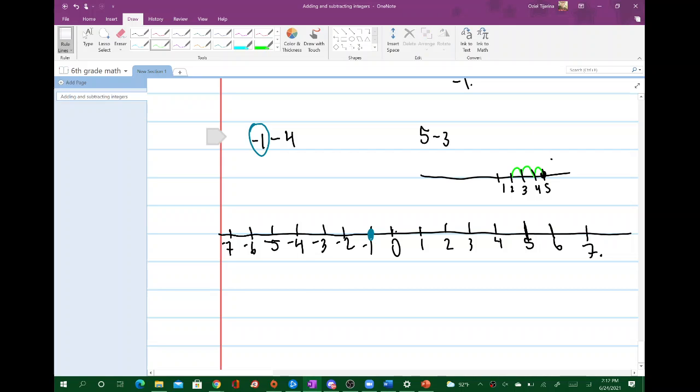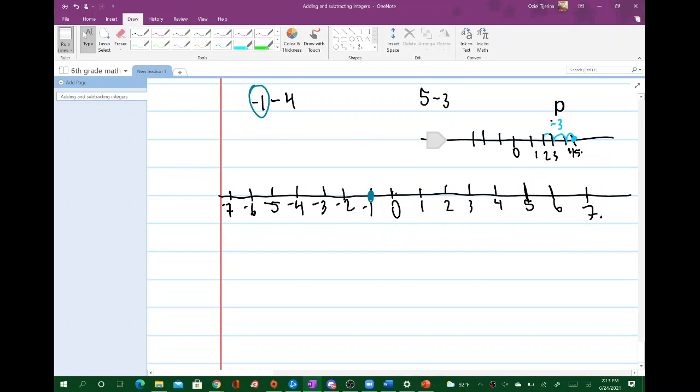I know it's kind of hard to read. Give me 1 second, guys. So I start at 5, and I go to the left 3. 1, 2, 3. This is negative 3 units, right?